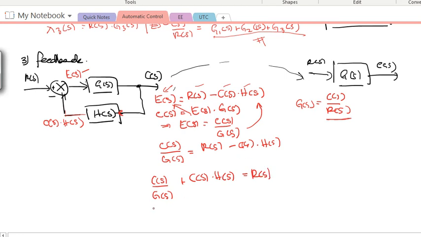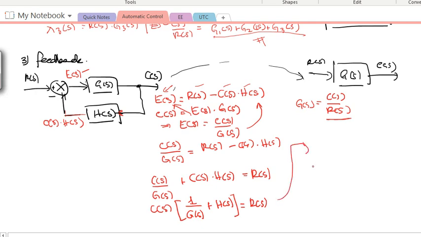And if we factorize CS, we have CS multiplied by 1 over GS plus HS equals RS, right?